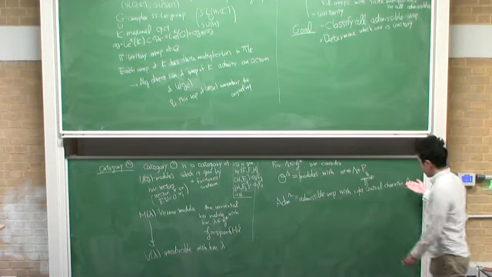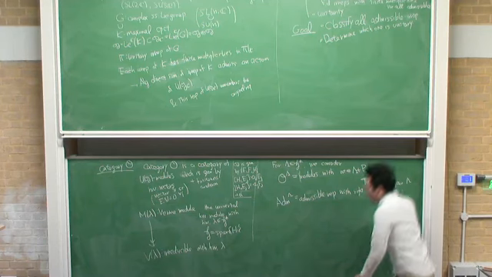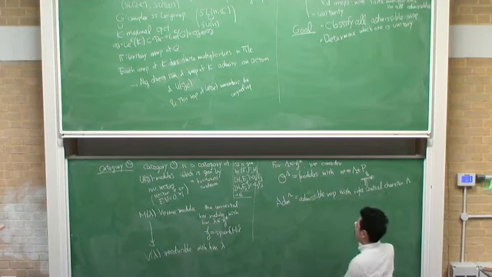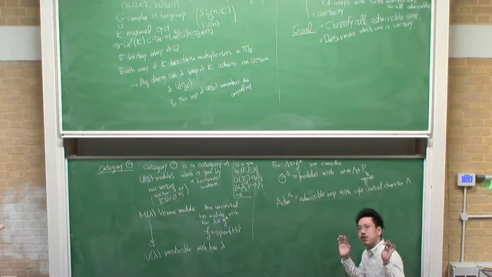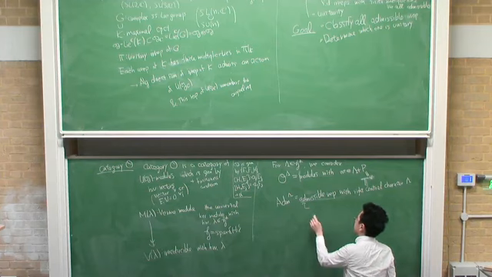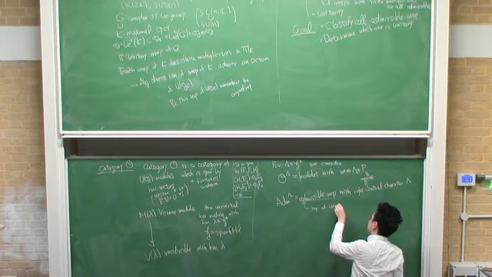So what is the right central character? The admissible representation is by definition a representation of UG tensor UG. So an admissible representation is a certain representation of UG tensor UG.